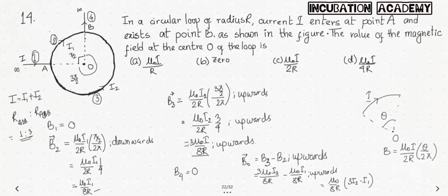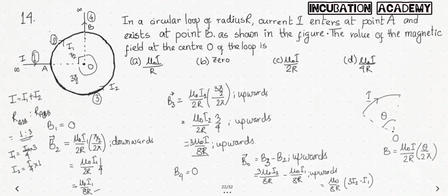So I1 is I by 4 multiplied by 3. Most of the current passes through this because the resistance is less. And I2 is I by 4 multiplied by 1.